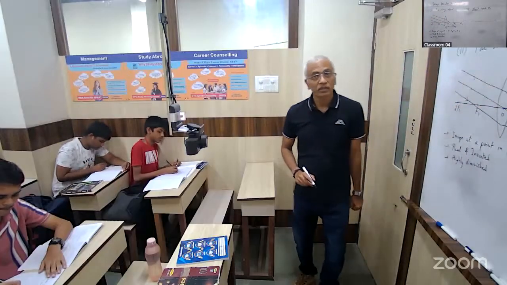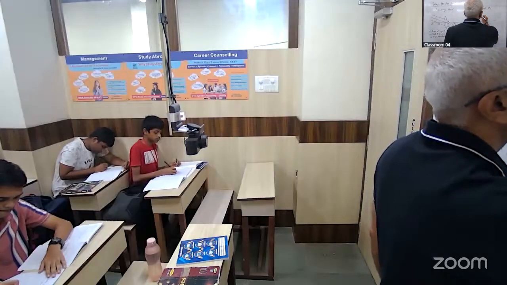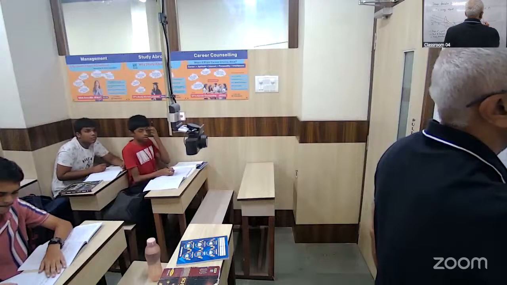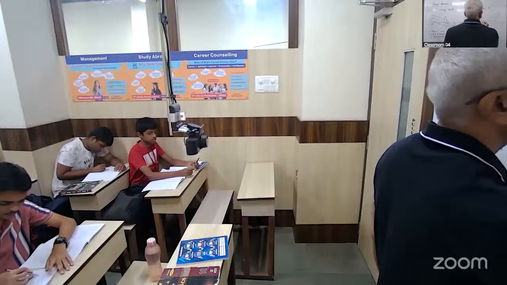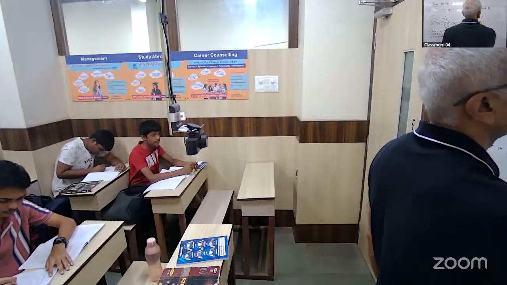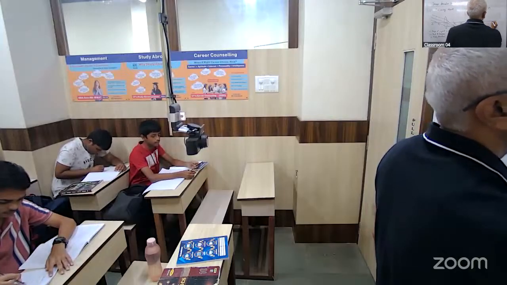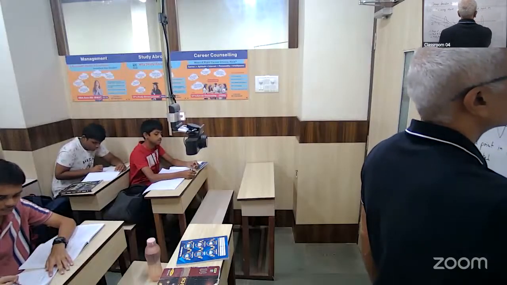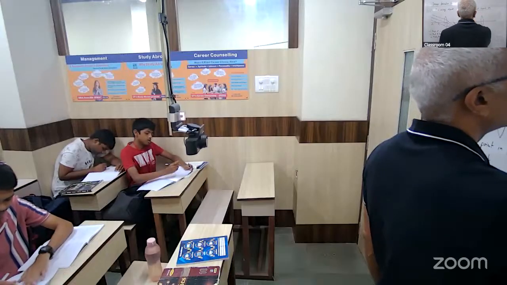That's what it is. So now we have the object beyond 2F1.